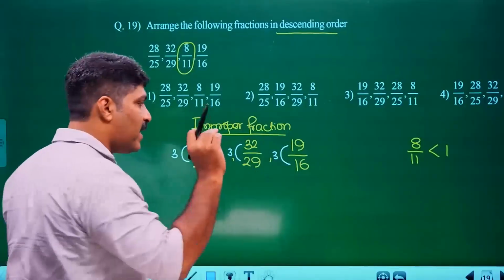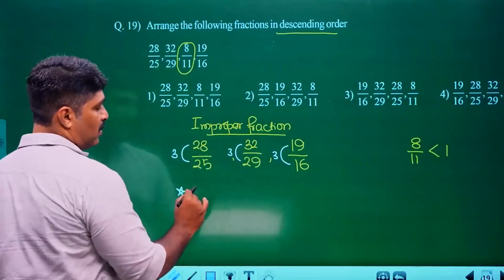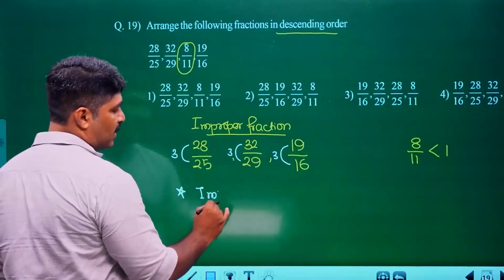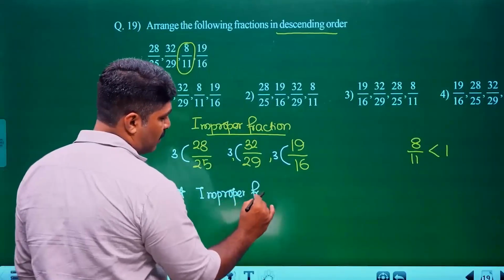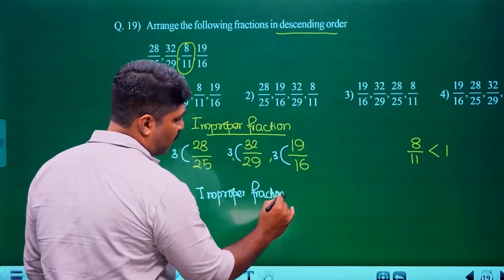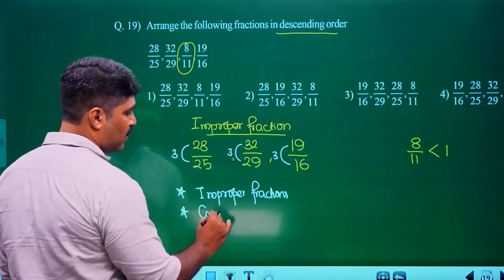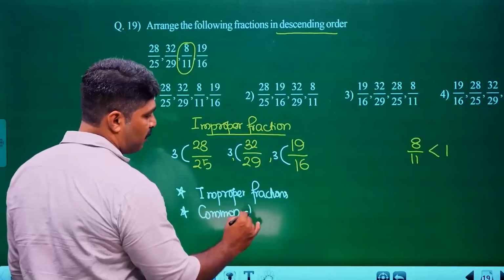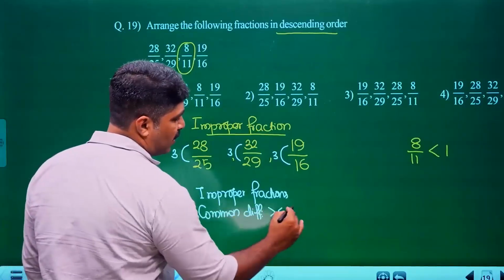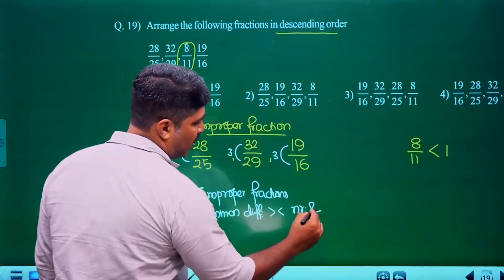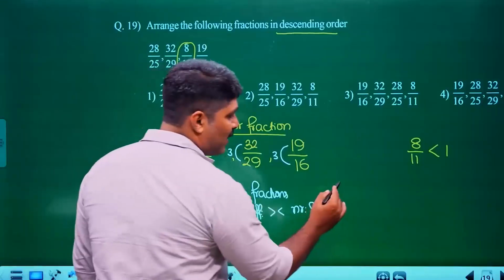What can we conclude in such a situation? We have two points. While we are considering a set of improper fractions, and there is a common difference between numerator and denominator in each fraction, what's the conclusion?